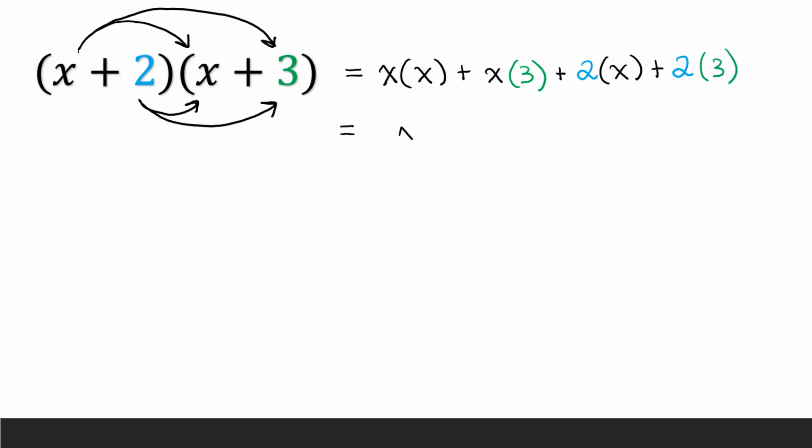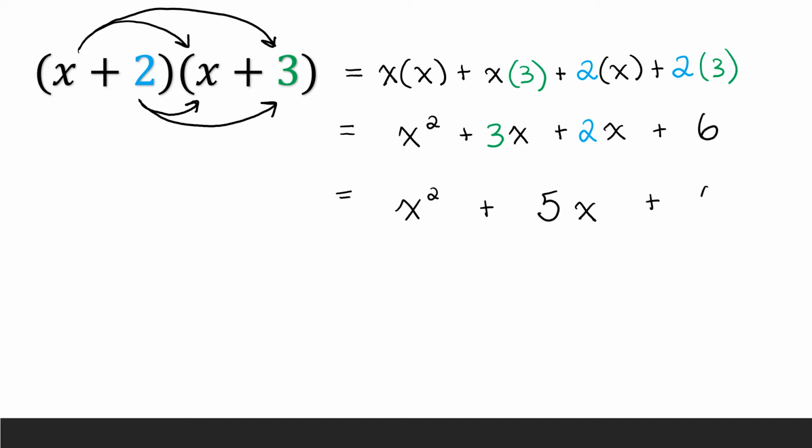So that gives us x squared plus 3x plus 2x plus 6. And then we can combine this 3x and 2x, so we have x squared plus 5x plus 6. So that's expanding.